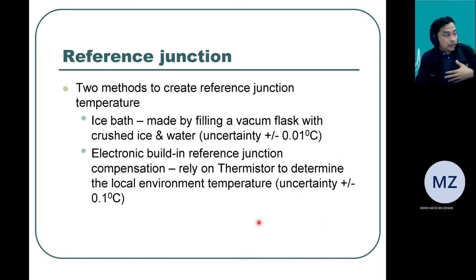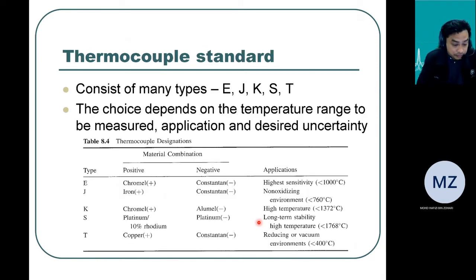But of course, if you measure something in the field practically, you cannot have an ice bath. So you're going to use an electronic built-in reference junction, measuring the environmental temperature as the reference temperature. With that, you can see that thermocouples have many types, and the type indicates the material combination used for constructing the thermocouple.